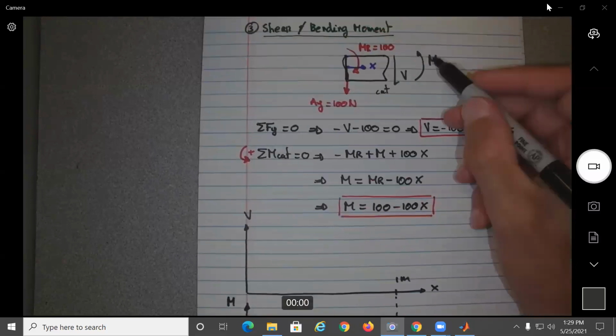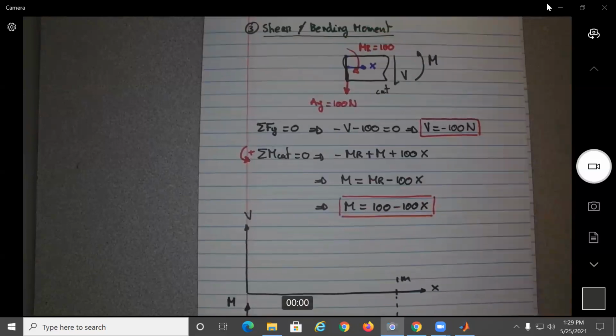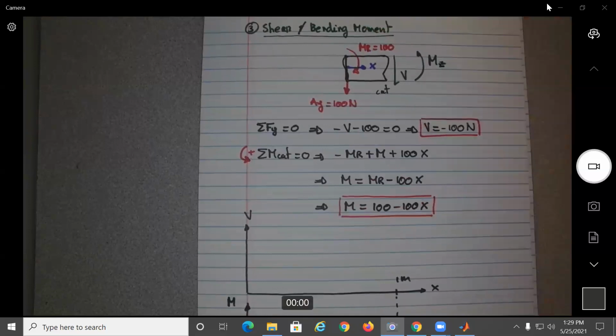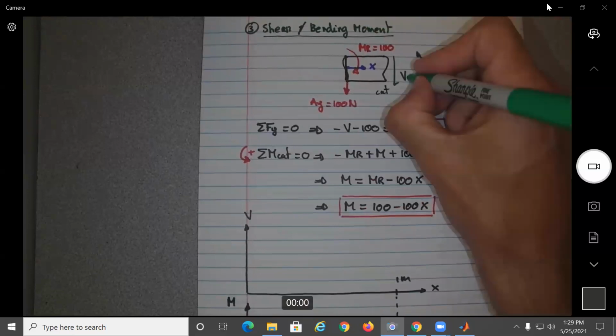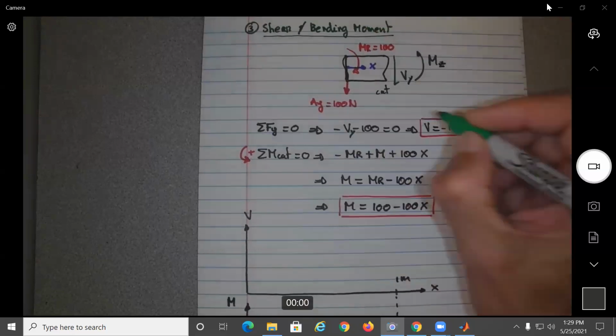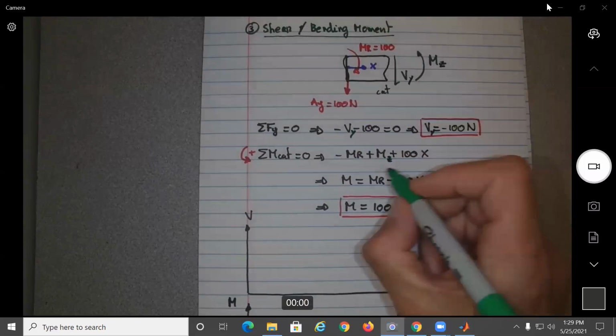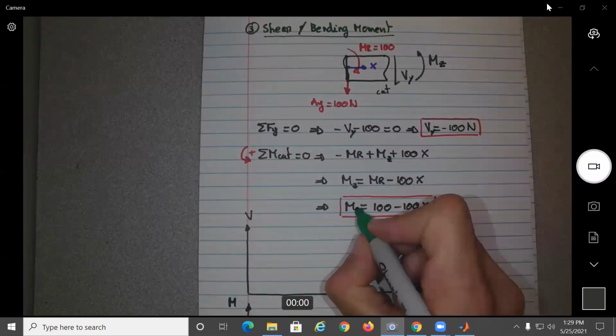This would be the moment about which axis, so we can differentiate. This really will be Mz, and this will be Vy. So let me add those things here: Vy, Mz, Vy, Mz, Mz.